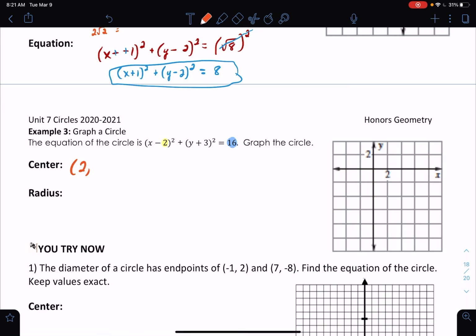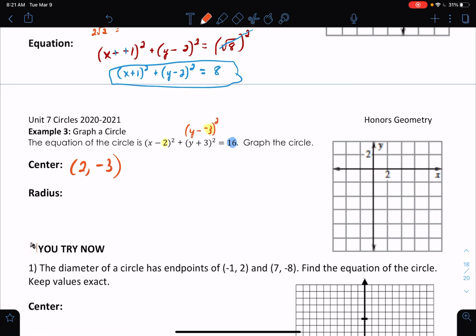For the y-coordinate of the center, we have to see what follows the subtraction sign. So that's going to be -3 for the y-coordinate, okay? Or you can think like it's the opposite of what you see. So we see x minus 2, so the x-coordinate is going to be +2. We see y plus 3, so the y-coordinate is going to be -3.